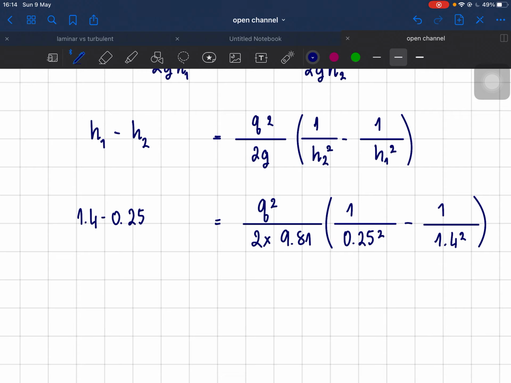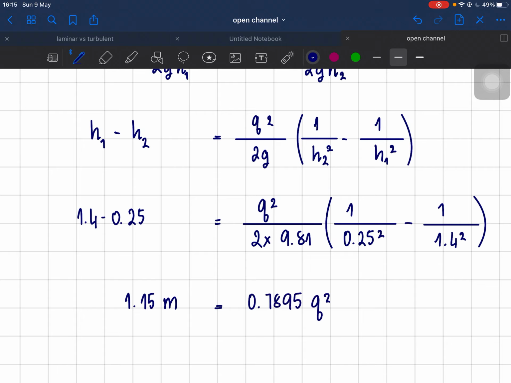It's 1.15 meter here, and this one is 1 over 2 times 9.81, times the whole thing here, 1 over 0.25 squared minus 1 over 1.4 squared, in brackets, which gives 0.7895. So 0.7895 q squared.